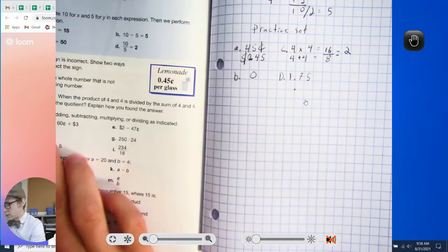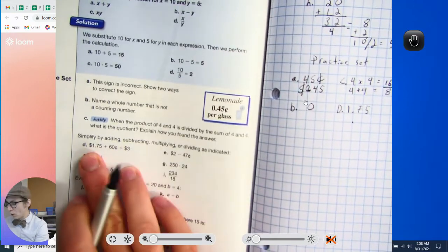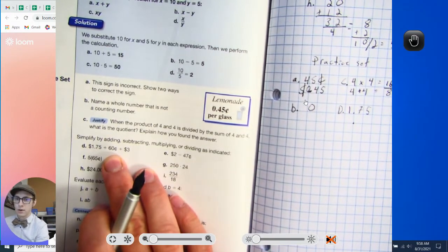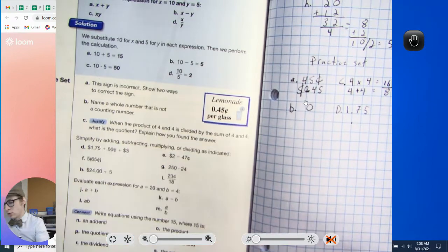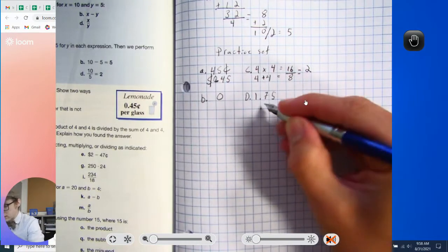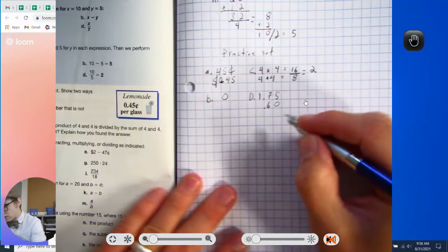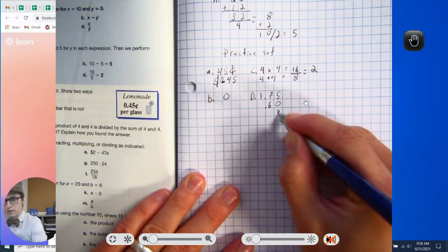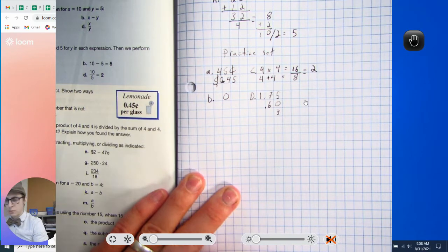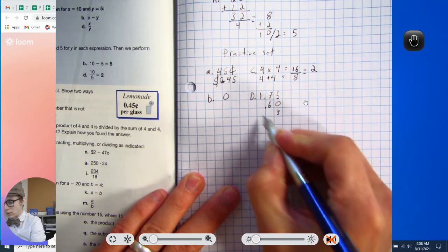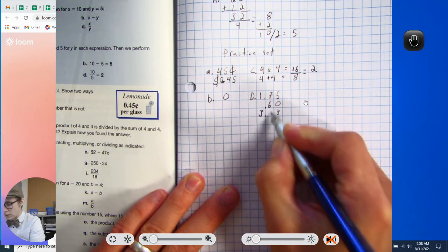You can't see it, but this is 1.75, and that's 60, but it's 60 cents. So we're going to write that as $0.60, and then we're going to add $3, which this would be incorrect, right? Because we've already established the points. So we're really going to do $3.00.